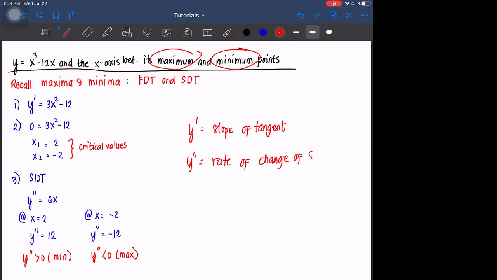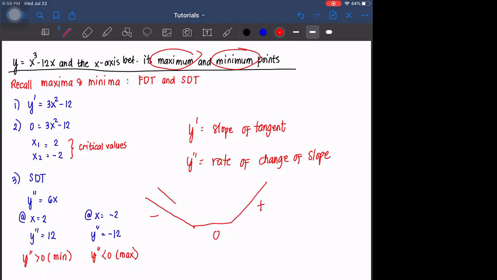of slope. Diba? So kung ang rate of change of slope kay greater than 0, meaning gikan siya sa negative, unya mo 0, unya mo positive.